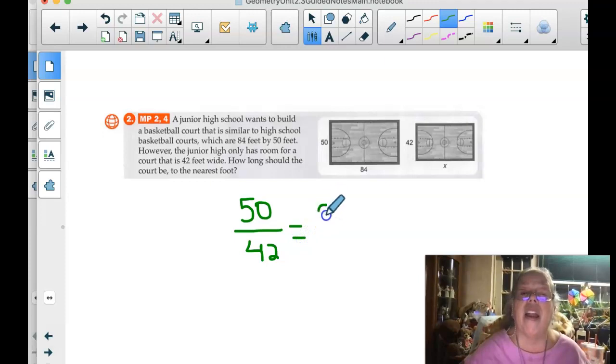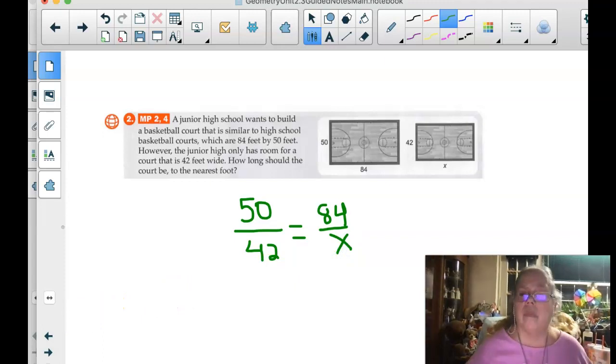The same way as 84 compares to X. And I'm going to have to pause because I don't know where my calculator is. Okay, didn't find the calculator, so I did it by hand. I did 42 times 84, and I got 3,528. 3,528 is going to equal 50x.